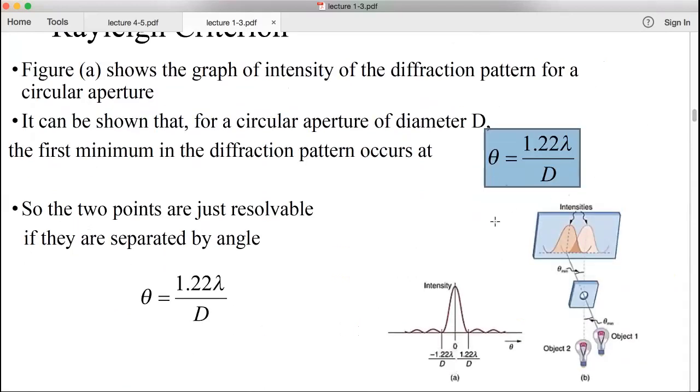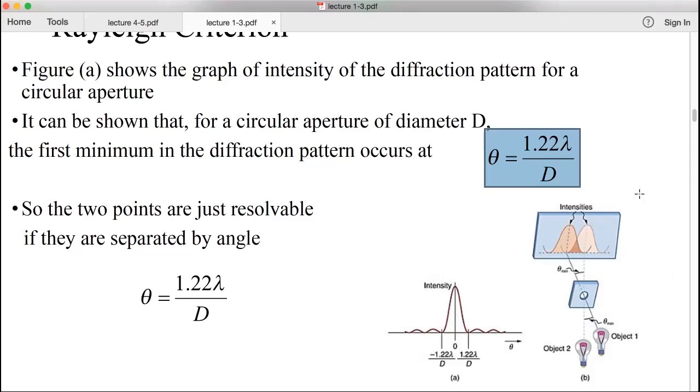Just wanted to show here, in the diffraction intensity distribution, what does this 1.22 lambda over d mean? You have two objects, one bulb and the other bulb, and light coming through a circular aperture. Because they go through a circular aperture, they diffract, and that diffraction pattern is observed on the screen here.